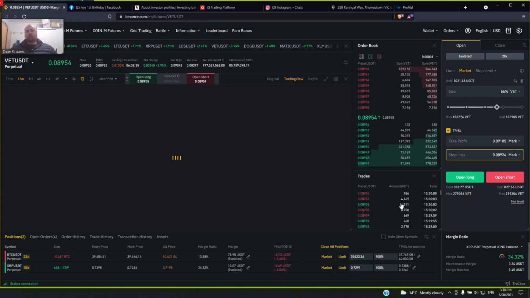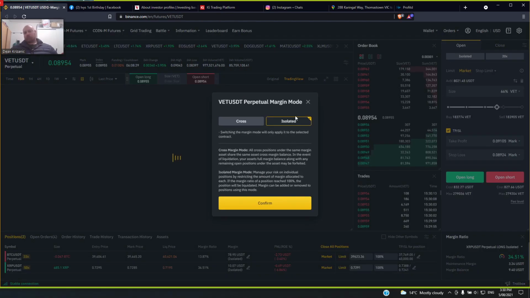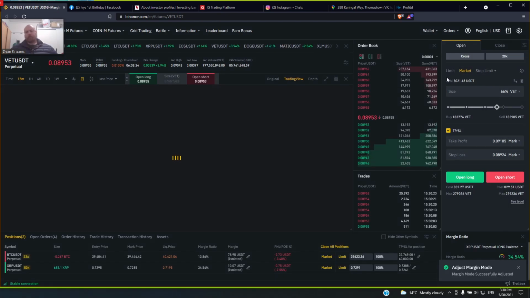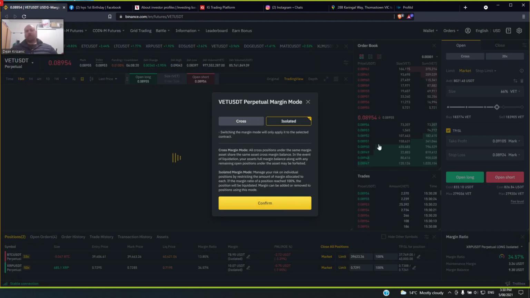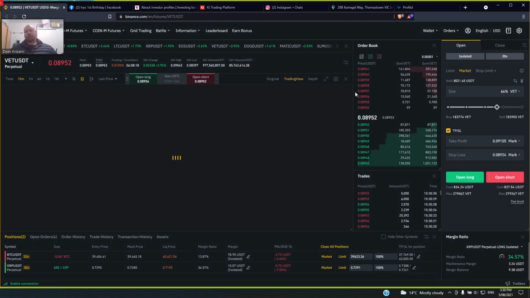But yeah, you got to make sure it's on isolated always. Cross, if you leave it on cross, then it subjects your entire account, and you got to be very careful. So at least on isolated, even if it does get liquidated, it's only going to be liquidating the isolated mode.